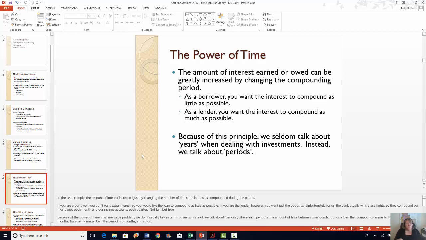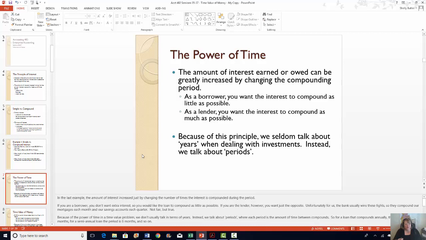And one of the reasons that they charge interest is because you don't have the money, they have the money, you need the money, and they want you to pay for the fact that you don't have the money and they have the money.